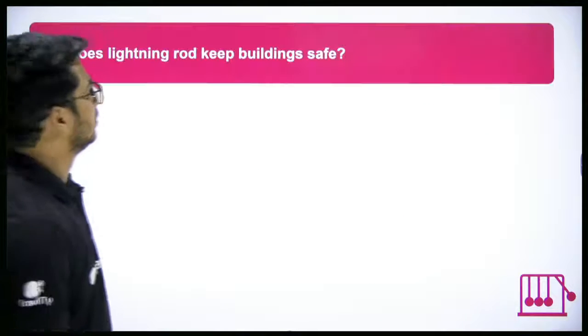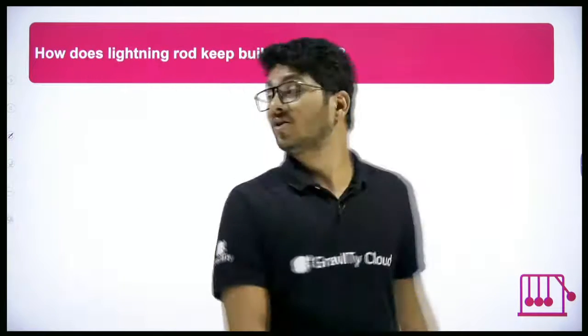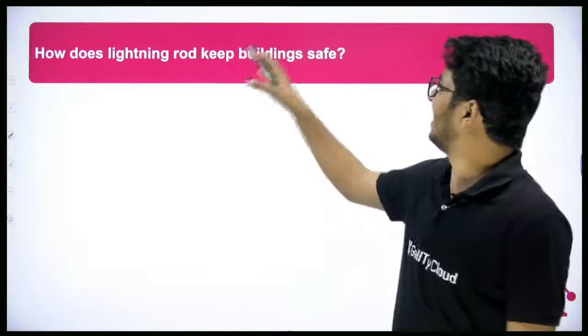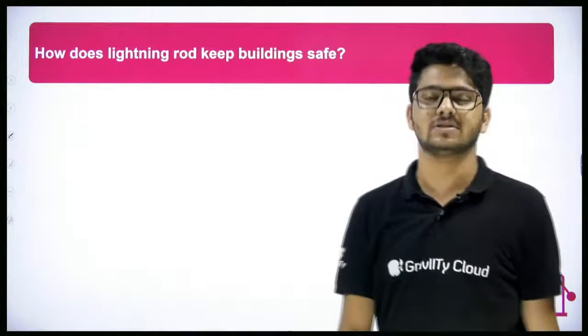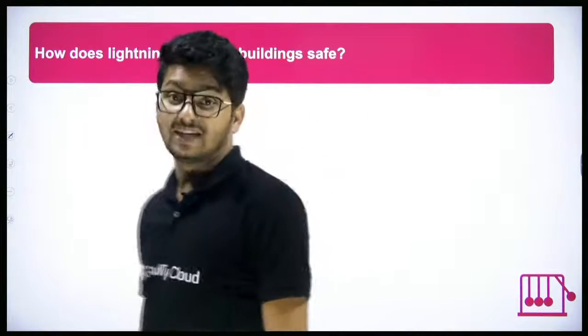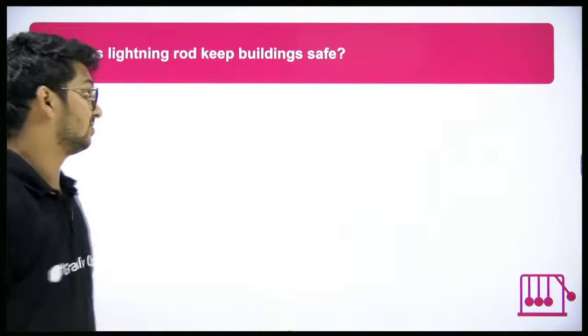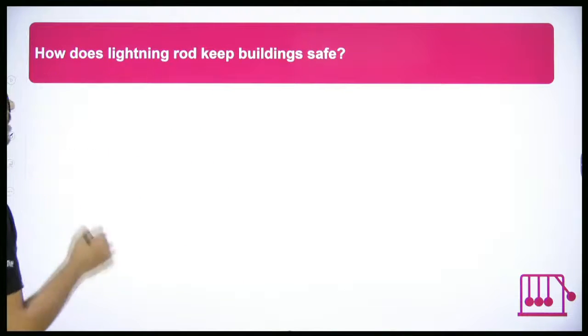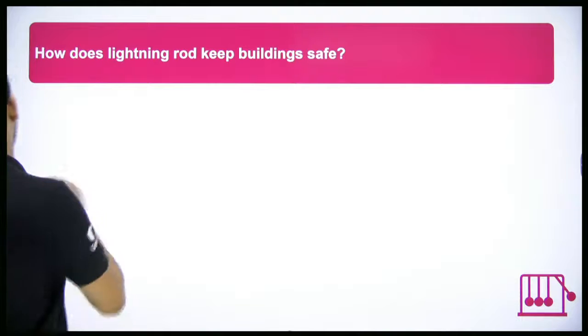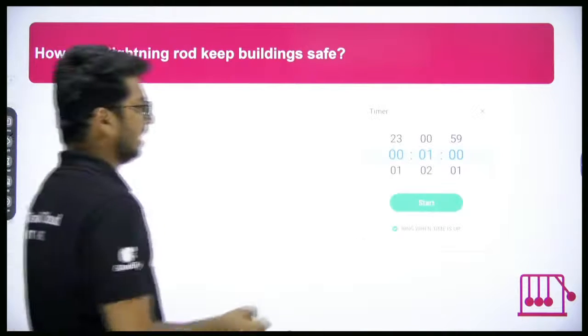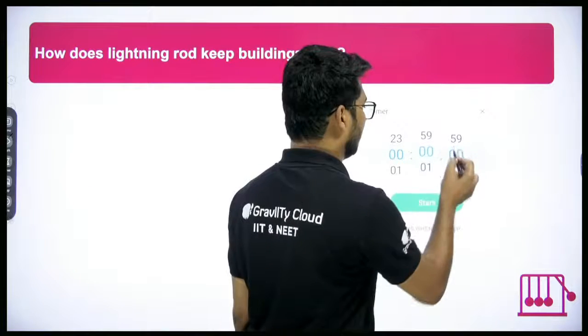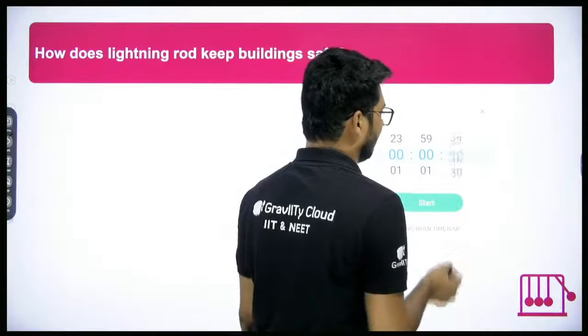Next. What is the question here? How does a lightning rod keep buildings safe? That's what we discussed at the beginning of the class. How does the lightning rod keep the building safe, everyone? So please, write it down in your books, and you can compare your answer with mine.